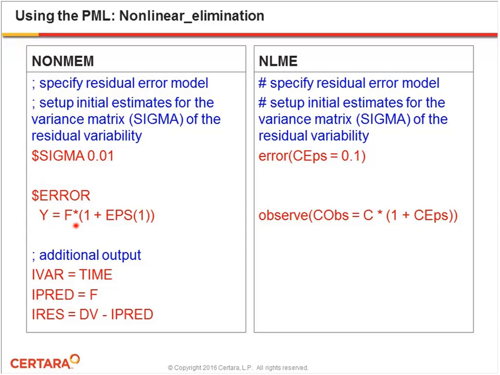It's a multiplicative error model, and the corresponding NLME code uses the observe statement, where you see a similar kind of equation. And finally, for comparing the results, the output from the different NONMEM and NLME models, I just need to specify IVAR as time, IPRED as F, and the individual residual is DV minus IPRED.